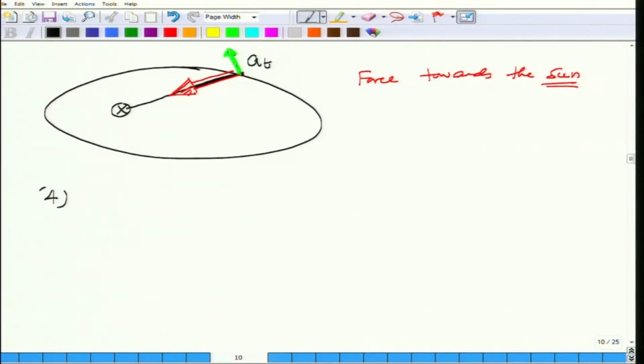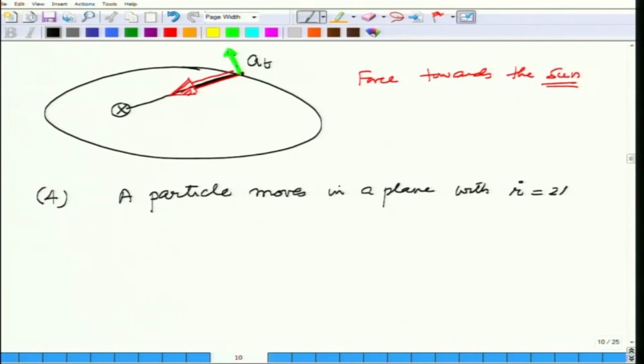Problem number 4. Problem number 4 says a particle moves in a plane with r dot equals 2t meters per second and phi dot equals 1 radian per second.